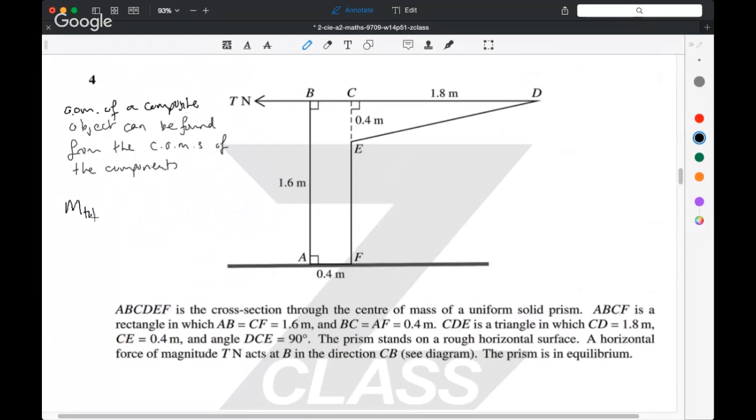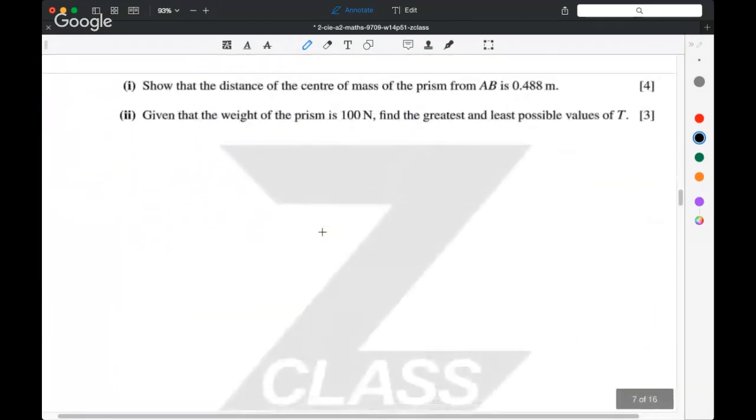m total times, and this is a vector, x center of mass, so it's going to include all the coordinates, is equal to m1 x1 plus m2 x2 plus all the component pieces. So in our case, we're only looking for the x component.